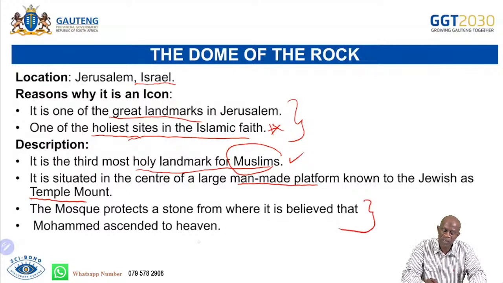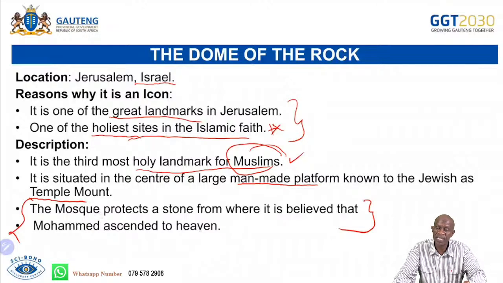So this is one of the religious beliefs amongst the Muslim community, that the very mosque that we have reflected on the picture protects the stone from where it is believed Muhammad rose to heaven. So these are the important attributes or characteristics when you describe the Dome of the Rock.